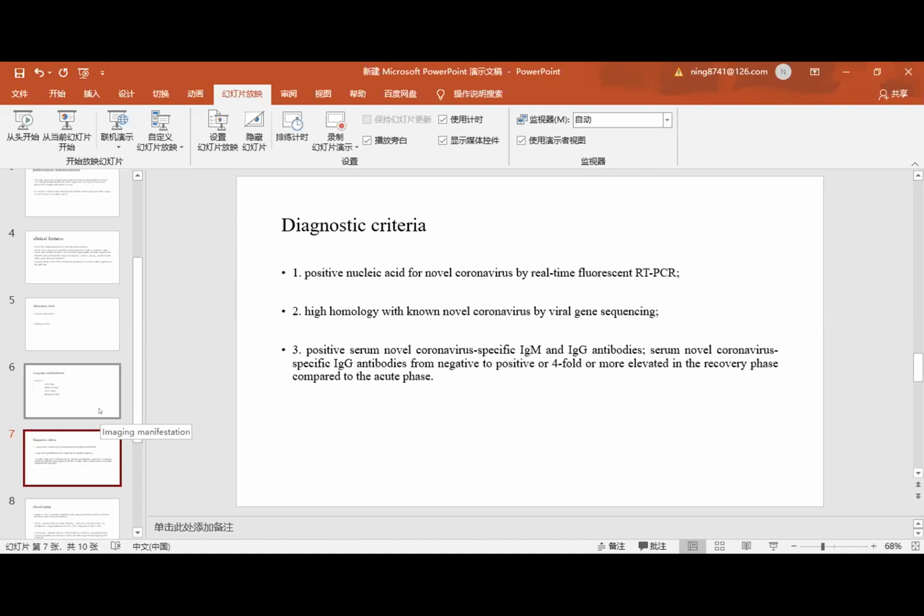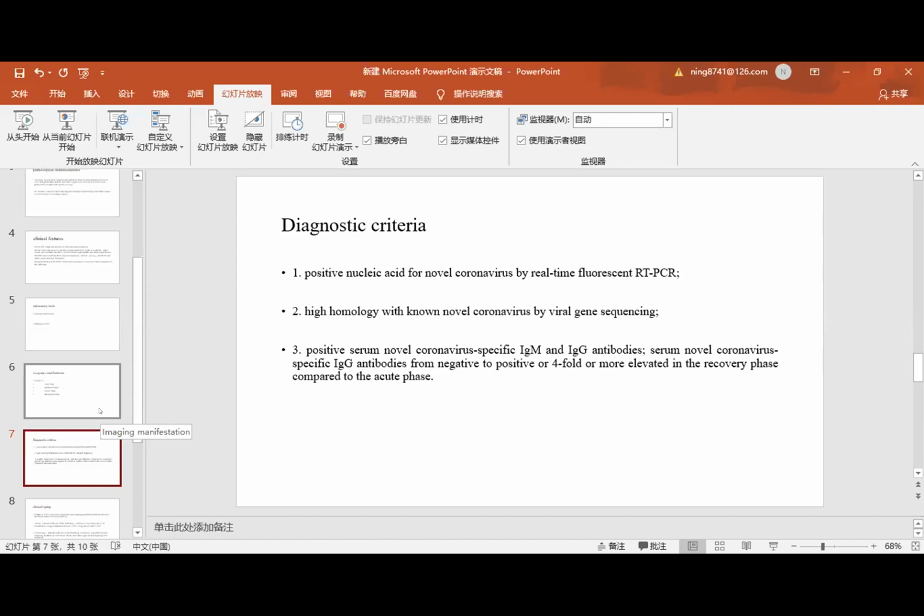Secondly, they should have high homogeneity with known novel coronavirus by viral gene screening. Thirdly, they should be positive for serum novel coronavirus specific IgM and IgG antibodies, or serum novel coronavirus specific IgG antibodies from negative to positive, or fourfold or more elevated in the recovery phase compared to the acute phase.